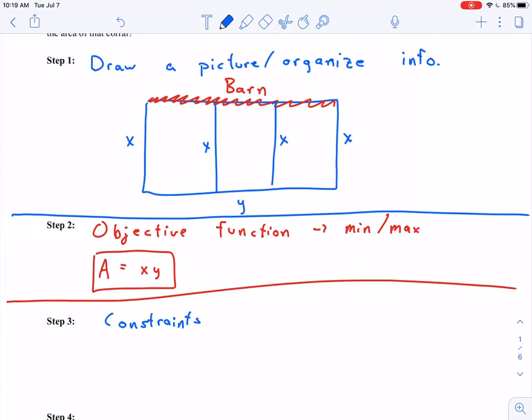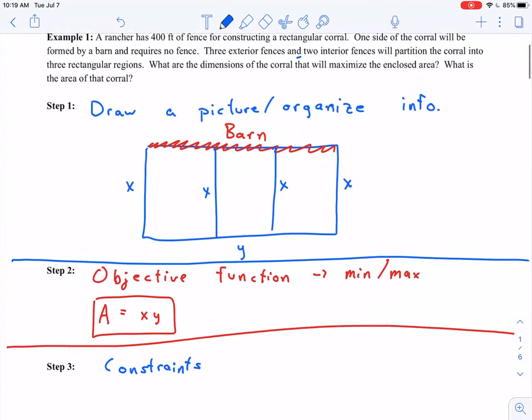Now your constraints are some sort of limitation that we have. Because if I didn't have a limitation, I would just say, oh, well, go build a fence that's infinitely long and infinitely wide, and your fence will have infinite area, and there we go. But that's not particularly helpful because we can't build a fence that's infinitely long.